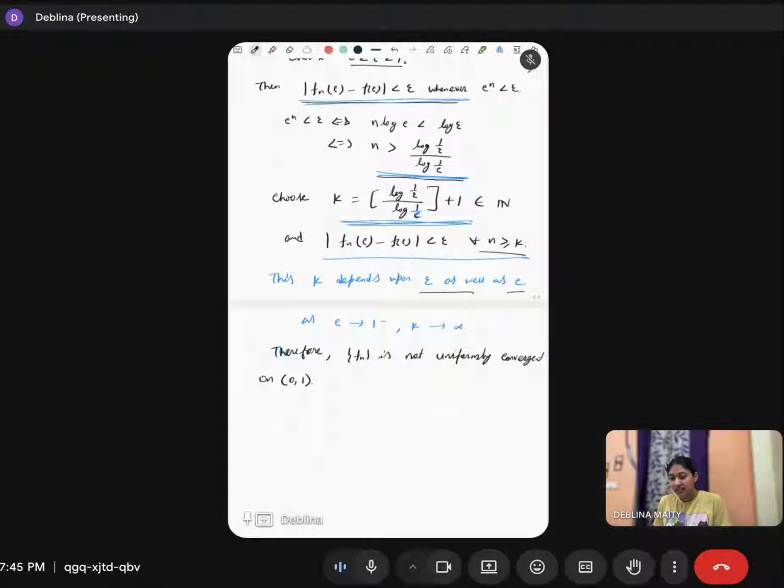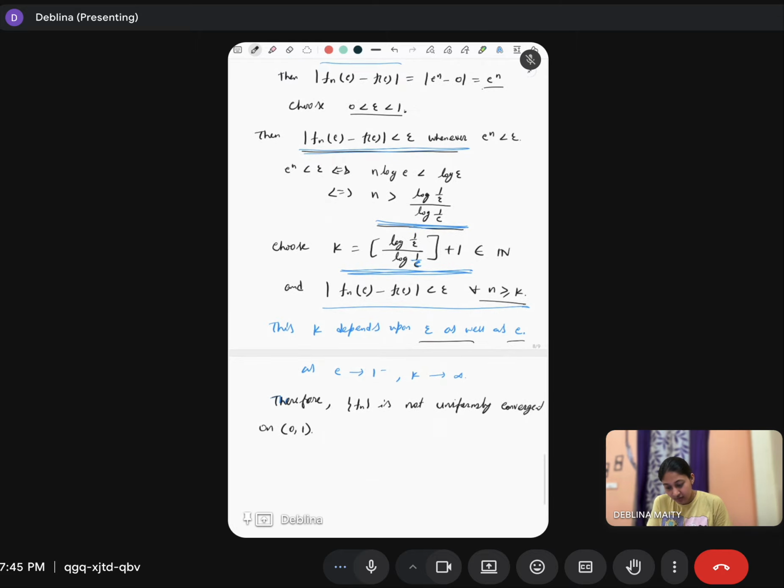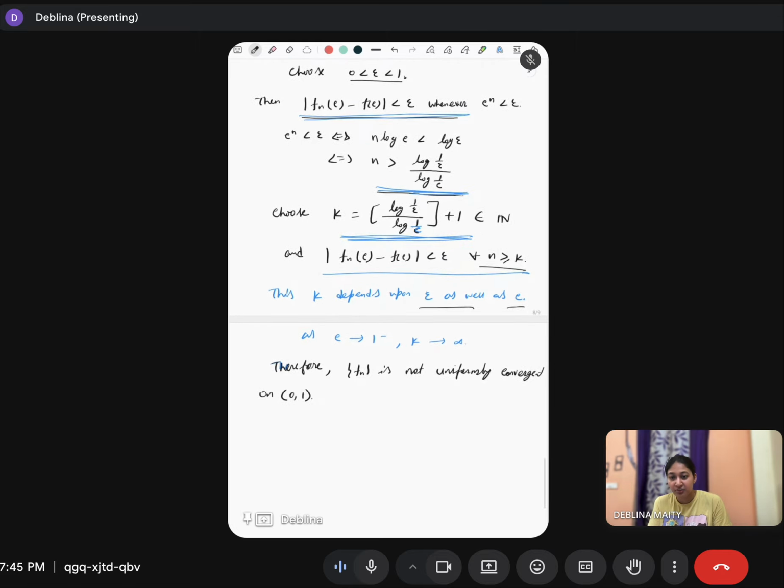Now can we find a subinterval of (0, 1) where it is uniformly convergent?